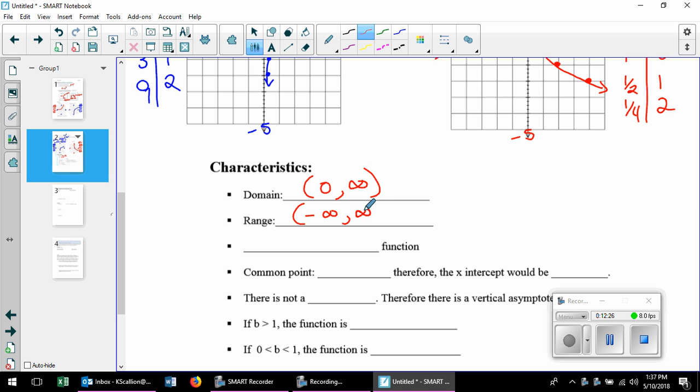Okay, I'm not going to ask you to pull out your notes, but if you were to look at the characteristic list of exponential functions, these are flipped. What does that mean, Kevin?